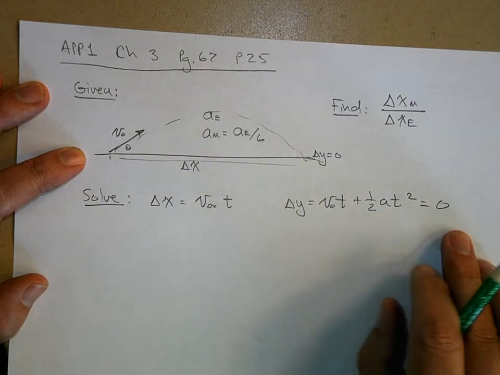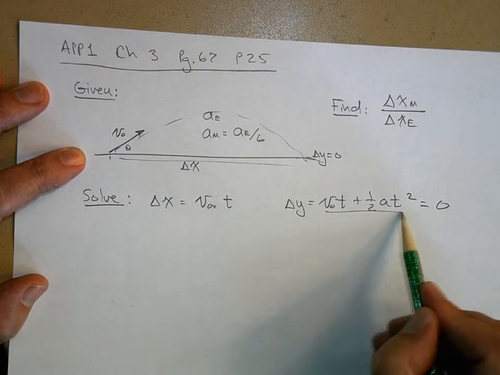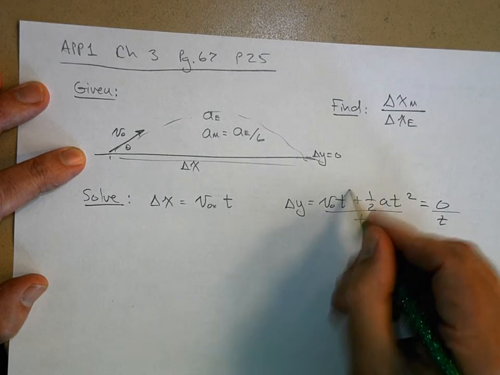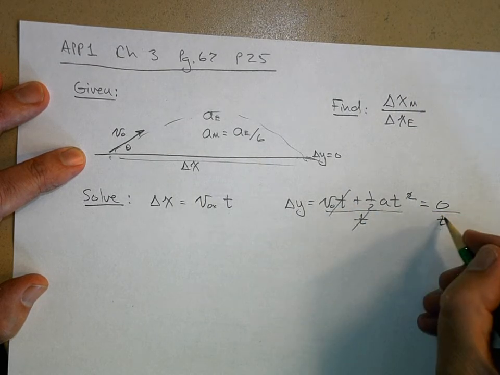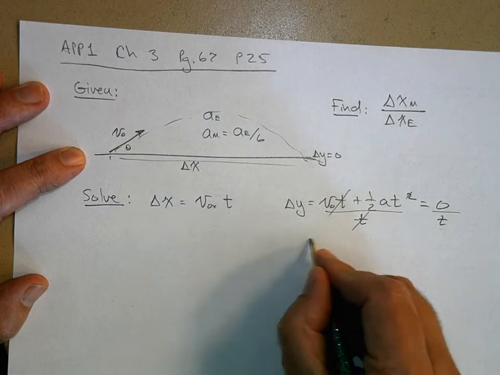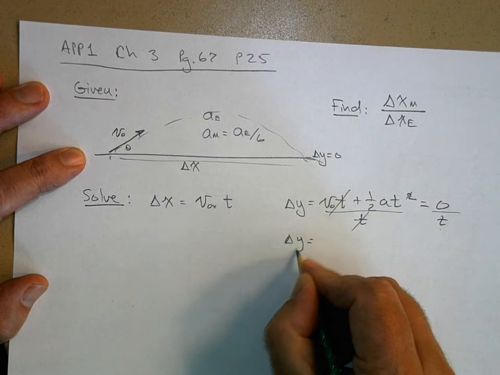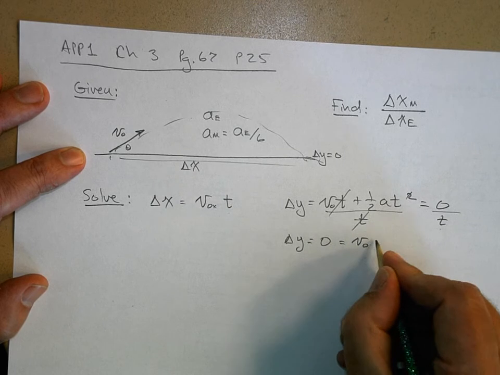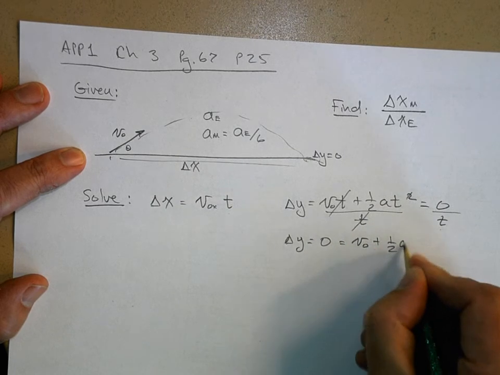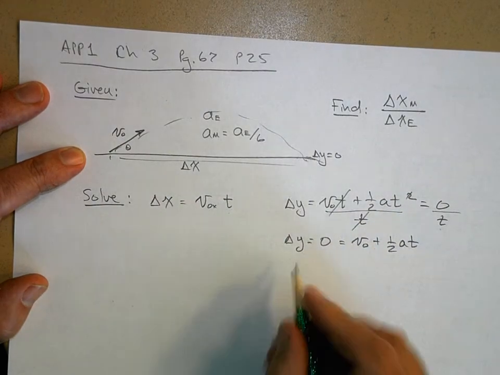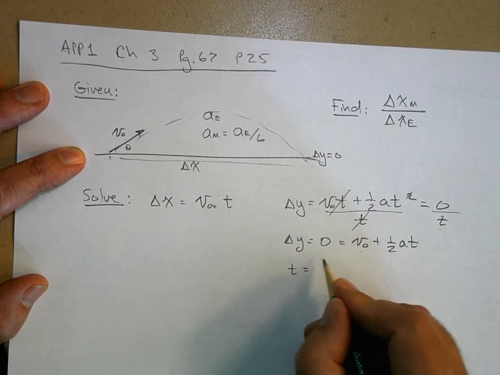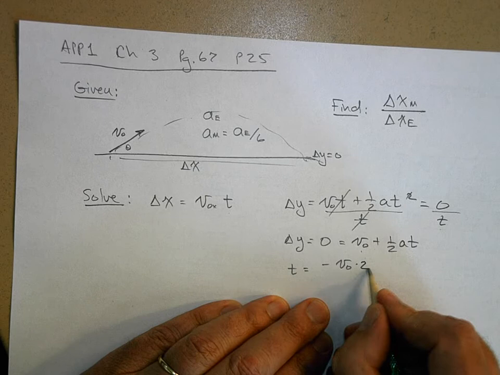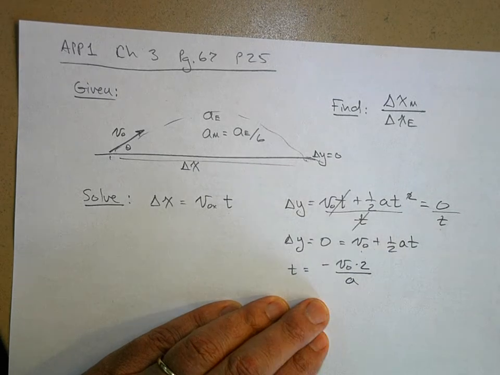Now I'm going to solve it for time. The first thing I'm going to do is divide both sides by time. And so now we have 0 equals v naught plus 1/2 a times t. So let's solve for t. t equals negative v naught times 2 divided by a.